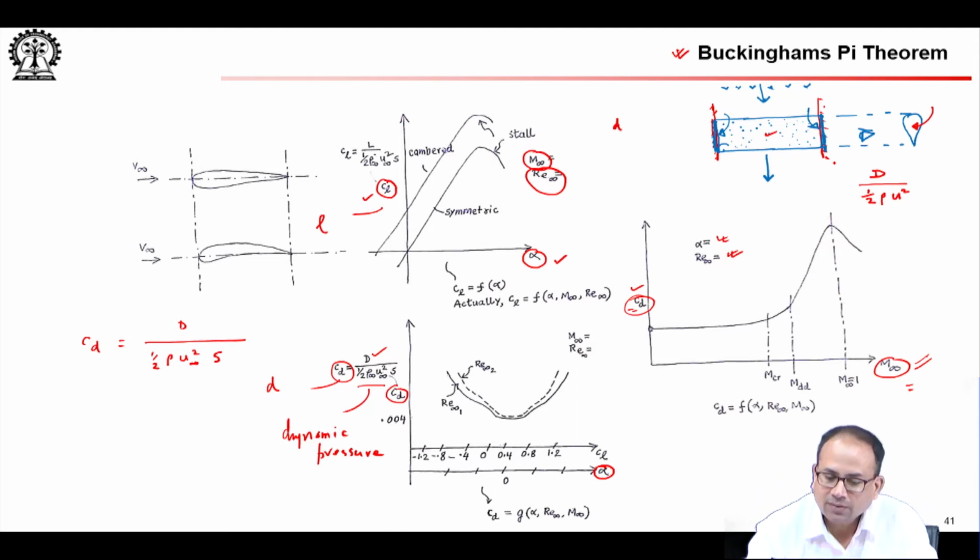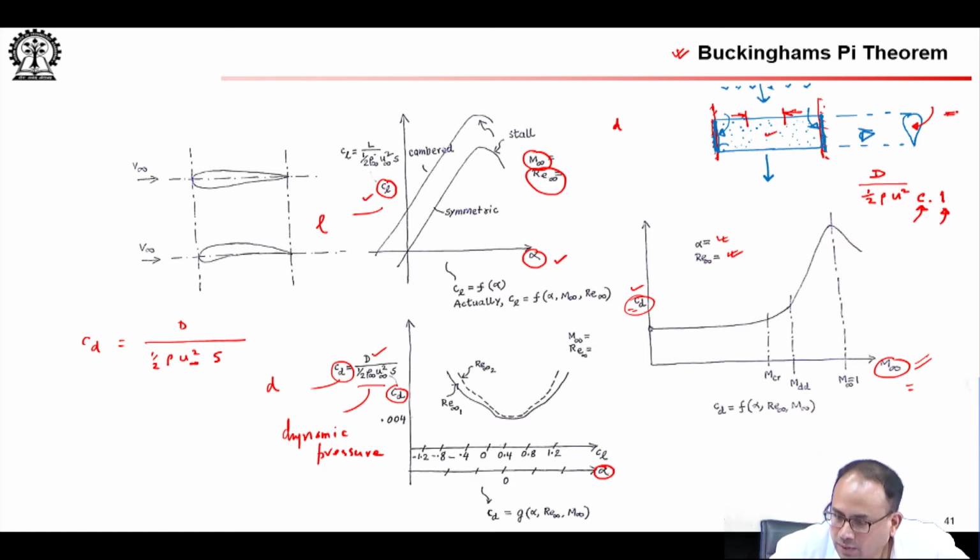In this case, for the infinite wing or the 2D wing, we say airfoil, S is given as C into 1, where C is the chord length and 1 is unit span. So, here we just think of unit span. This is the chord length from the root to the tip, that is your C and that is your 1.